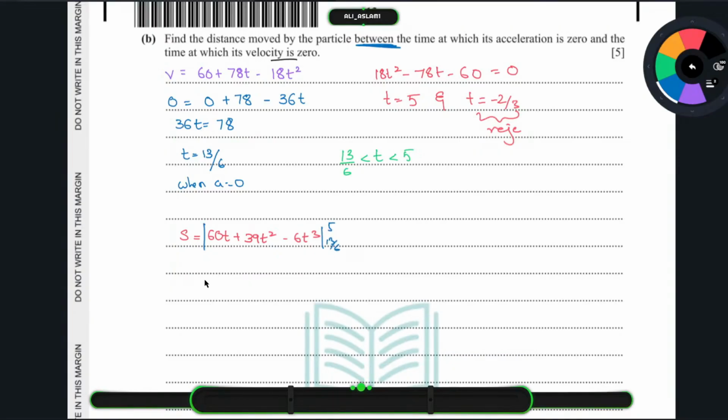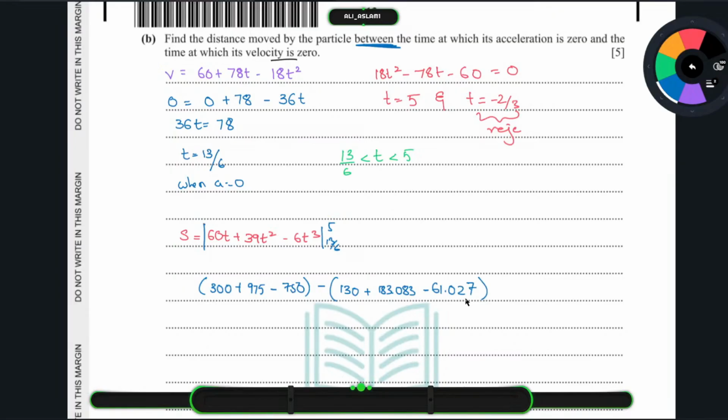So we get 5 times 60 is 300, plus 39 into 25, that is 975, minus 125 into 6, that is minus 750, minus 60 into 13 by 6, that is 130, plus 39 into the square of 13 by 6, that is 183.083, minus 6t cubed, that is minus 61.027.